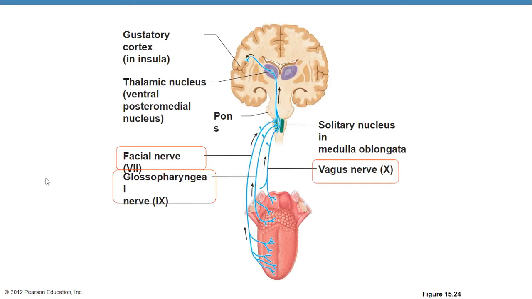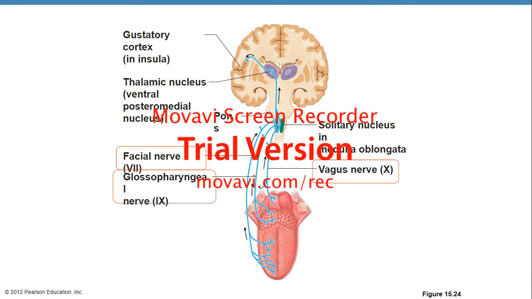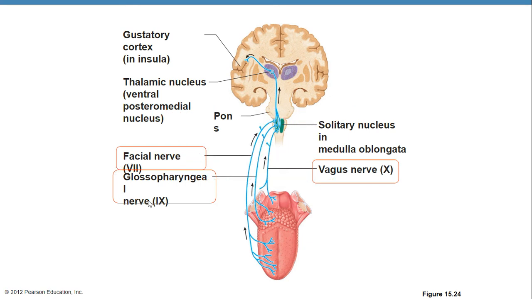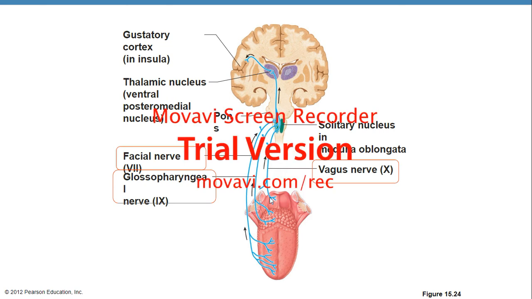So these are showing you the cranial nerves involved. So you have the facial nerve, which is cranial nerve 7. You have the glossopharyngeal nerve, which is cranial nerve 9. And then you have the vagus nerve, and it also shows you the structures it is innervating.